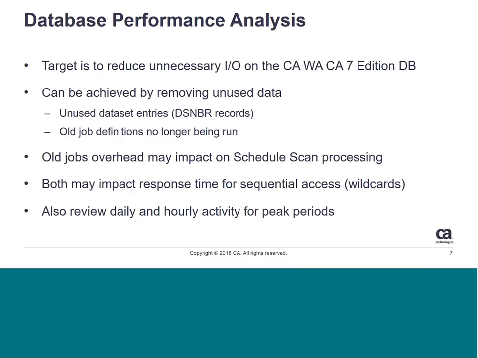Because again, when you're using wildcards, we're not indexing directly into a particular job entry or dataset entry. We're having to scan through looking for jobs or datasets that match the wildcard you specify. In which case, again, old job entries, unused job entries, and unused dataset entries add an overhead to the system.